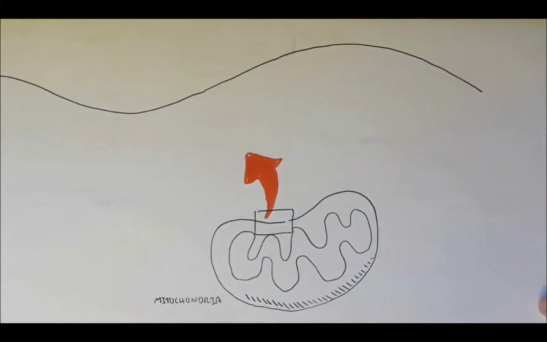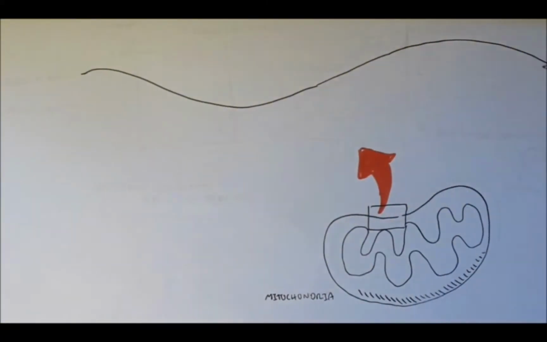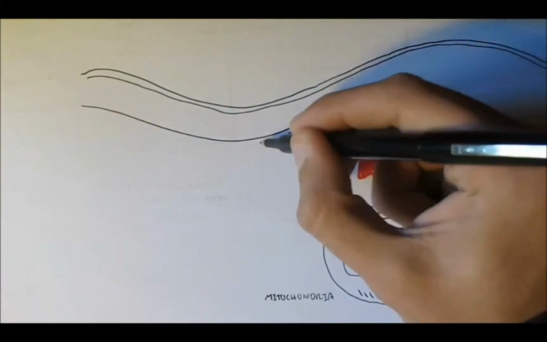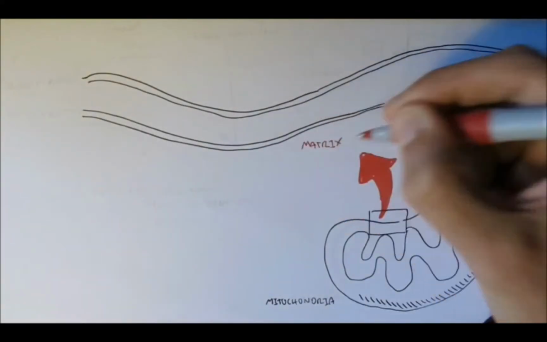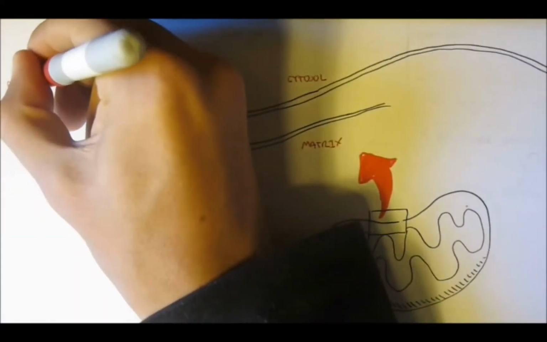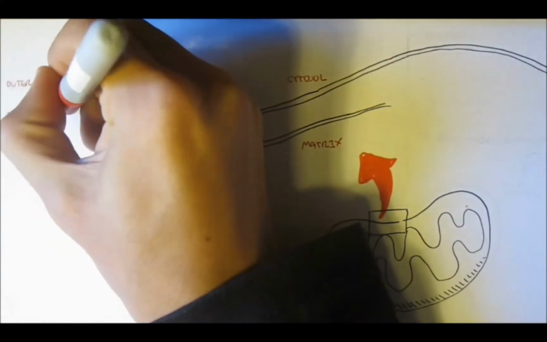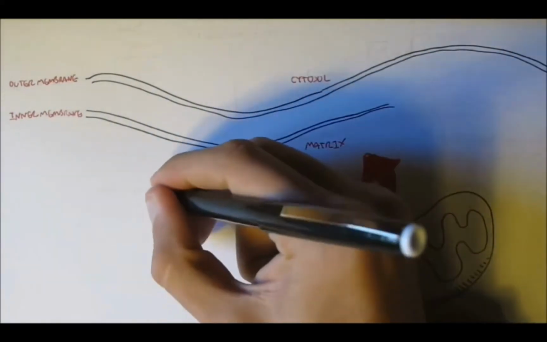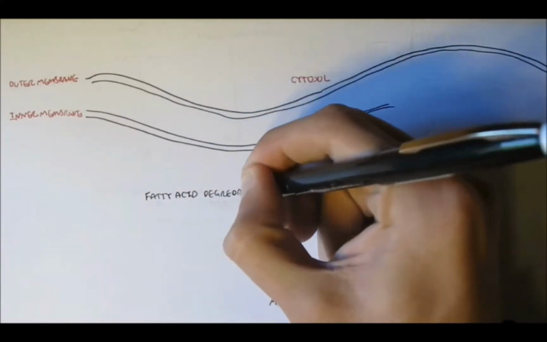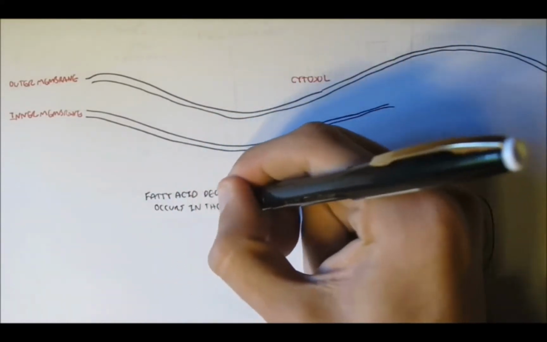The mitochondria is made up of two membranes: this is the outer membrane, and this is the inner membrane. Fatty acids synthesized in the cytosol have to move inside the mitochondria into the matrix, because if we need to break down fatty acid, it occurs inside the matrix.